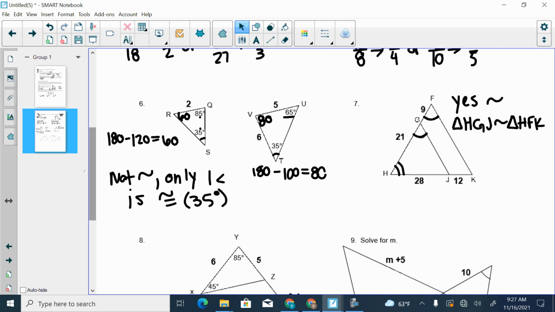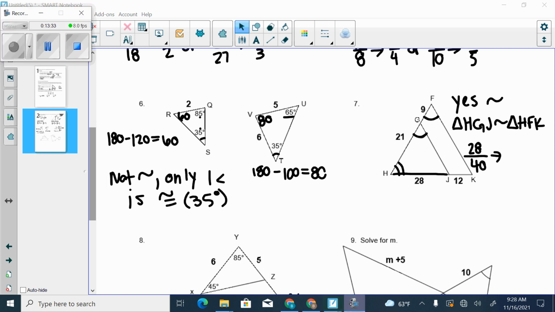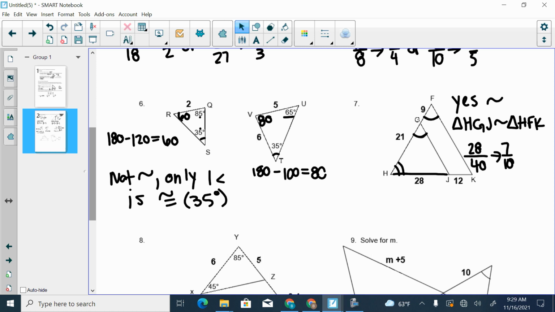So we could say that our side here, 28, over the entire side, which would be 40, would simplify to 7 over 10.